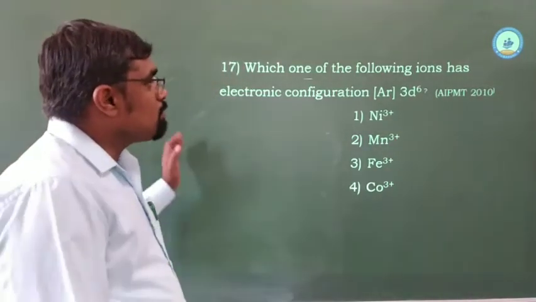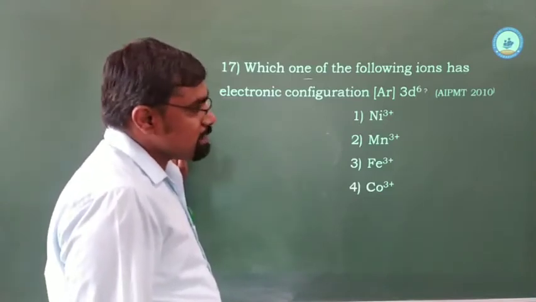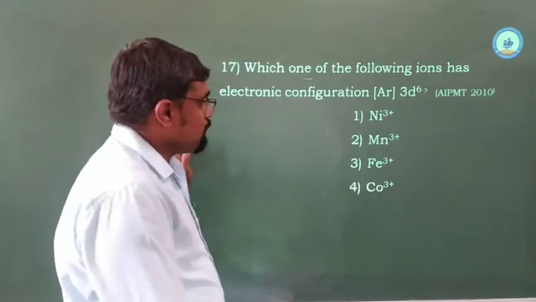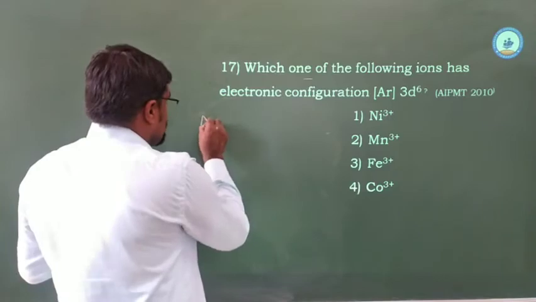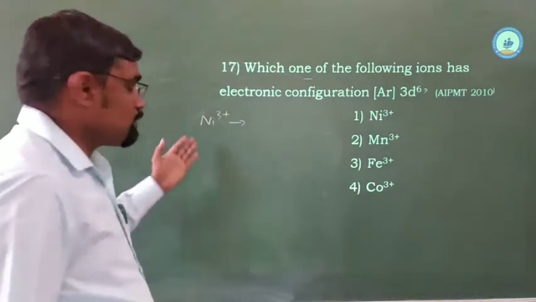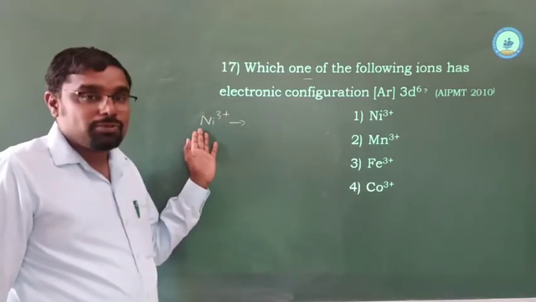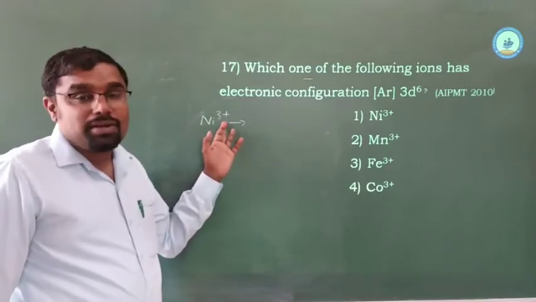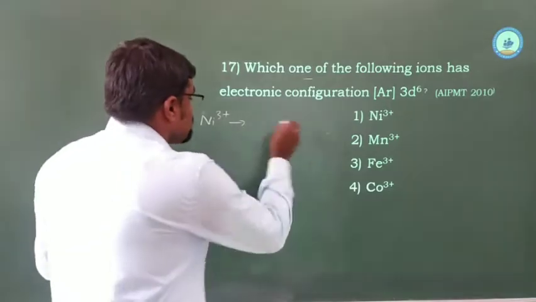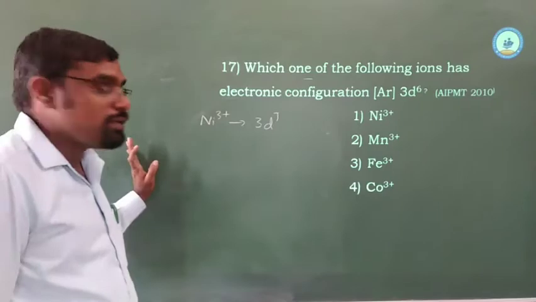Which one of the following ions has electronic configuration argon 3d6? Let's write the configurations. Ni3+: atomic number 28, remove 2 electrons from s and 1 from d, giving 3d7.